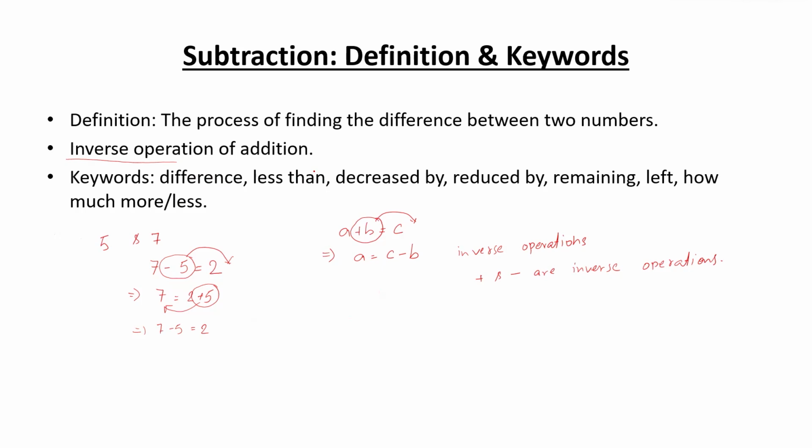So, same thing. Again, these keywords will be useful while you solve some examples, some language problems. So you will see that I have marked these keywords in bold letters so that you will see the difference. Or if you get confused whether you have to add or subtract, these keywords are important.